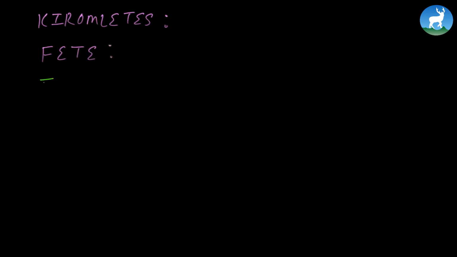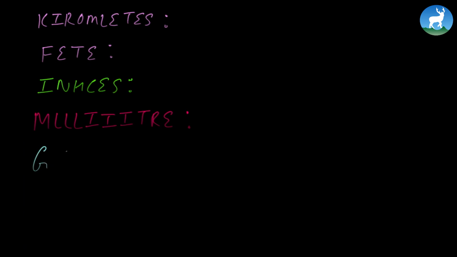And now we have I-N-H-C-E-S, and then we have M-L-L, again L-I-I-T-R-E, and we have here G-M-R-A-S. See, you can pretty much figure these out yourself, and of course you can take help from the dictionary. The dictionary is definitely going to help you out.